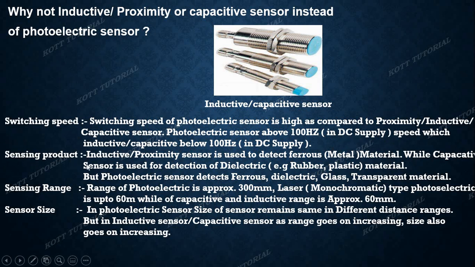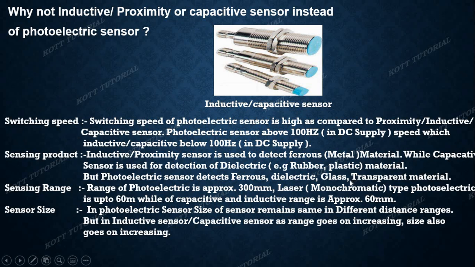Now the second point is sensing product. See, inductive and proximity sensors are used to detect metal materials, while capacitive is used to detect non-metallic or dielectric material like rubber or plastic. But a photoelectric sensor can detect both, whether it is metallic, non-metallic, glass, transparent or any other material.